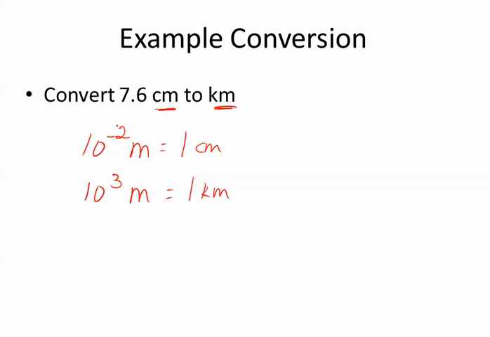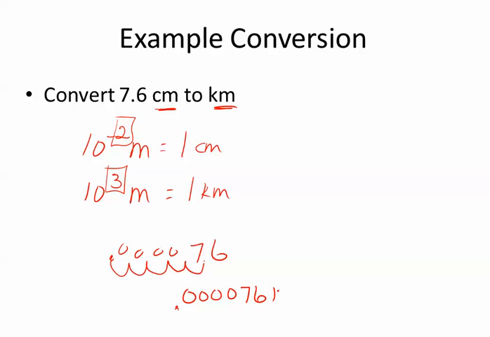So this time I need to move my decimal first 2 places and then 3 more for a total of 5 places. And because I'm going from something that is a smaller unit to something that is a larger unit, I'll be moving my decimal to the left. So my 7.6 centimeters, when I move my decimal 5 places to the left, becomes 0.0000076 kilometers.